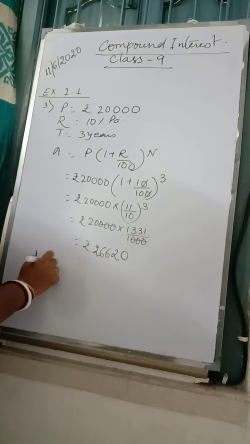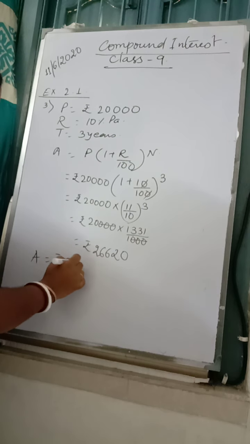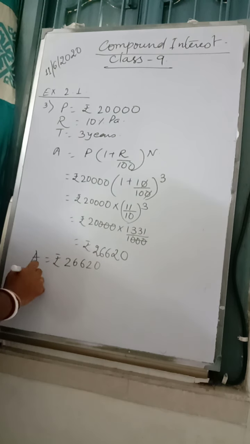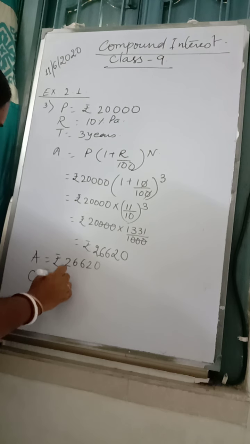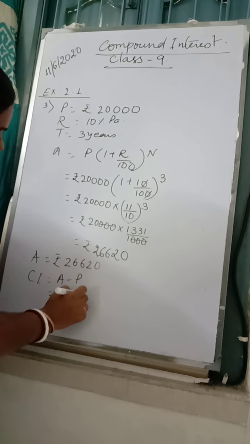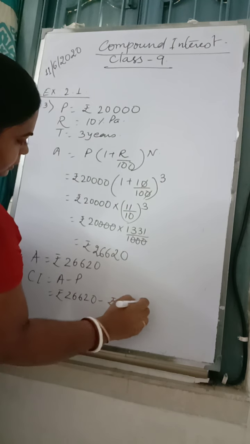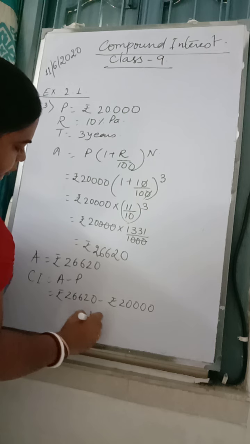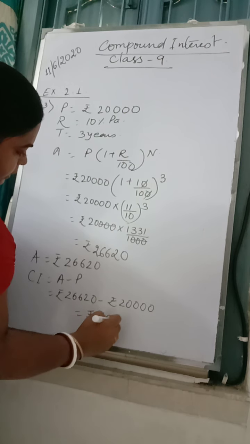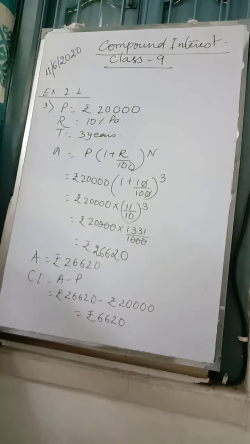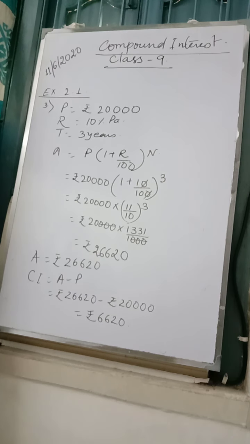So amount is equal to rupees 26,620 and CI is equal to A minus P, or rupees 26,620 minus rupees 20,000, which gives you rupees 6,620.